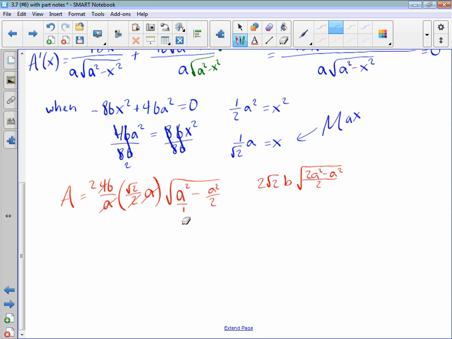This is actually going to work out really nice. What's 2a squared minus a squared? A squared. So I have the square root of a squared, which is just a, over square root of 2. And then I have 2 square root of 2b here. So the square root of 2's cancel each other out. So really I just have 2ab as my area at the end. Has anyone checked the answer for it yet? That's it. I think that's all it was asking for, right? Yeah, easy.